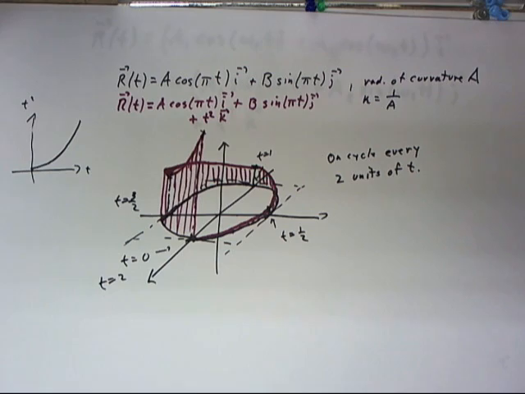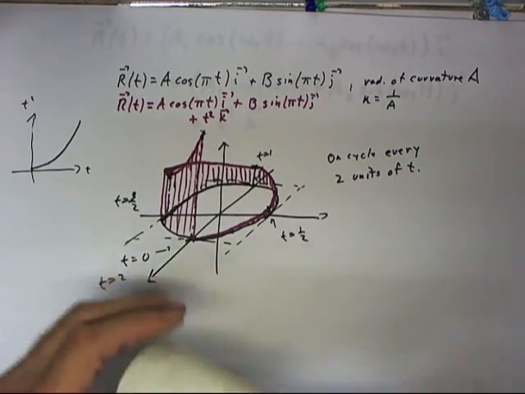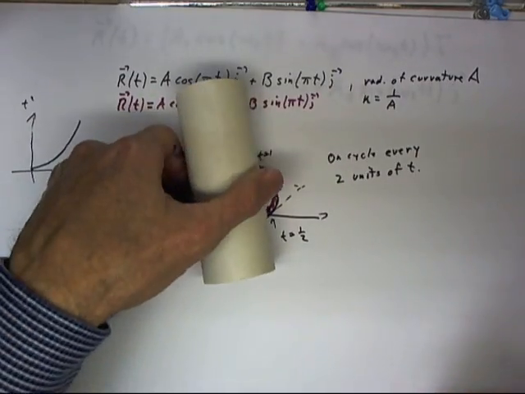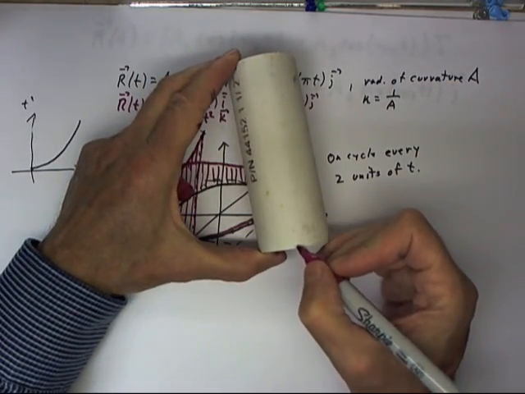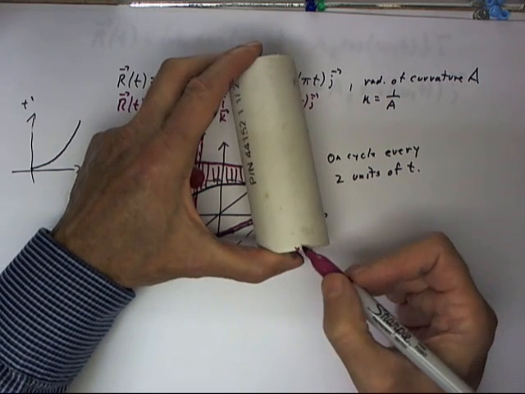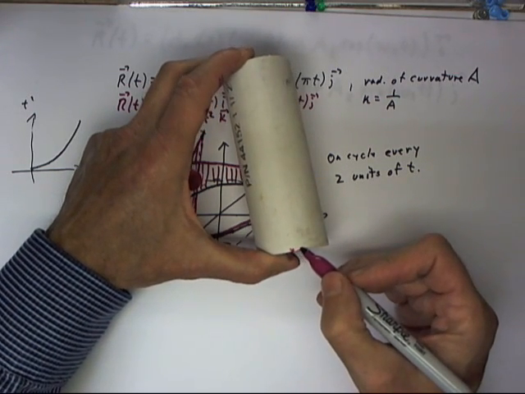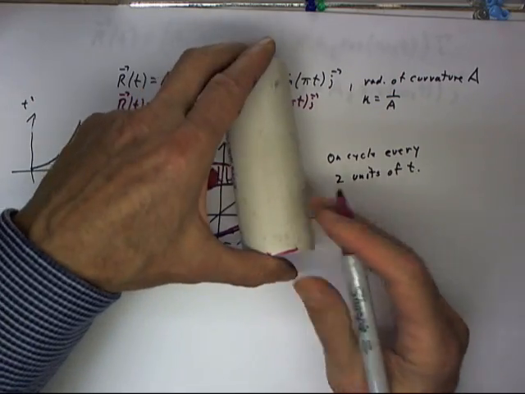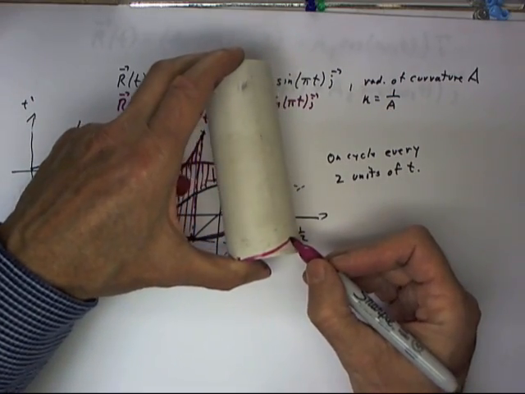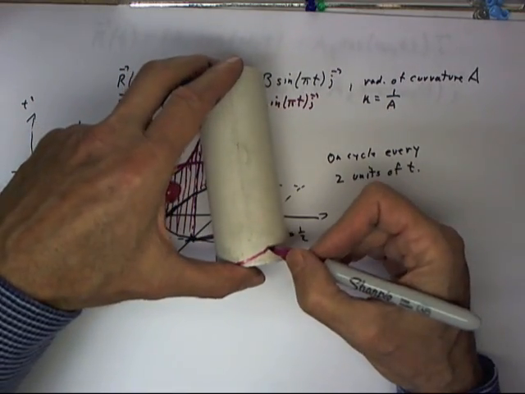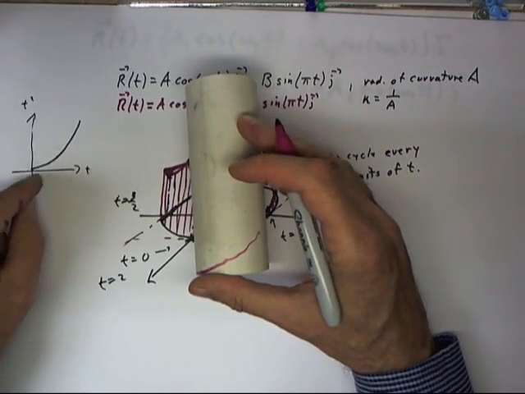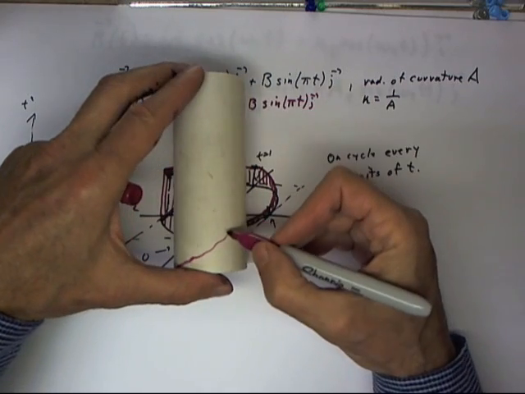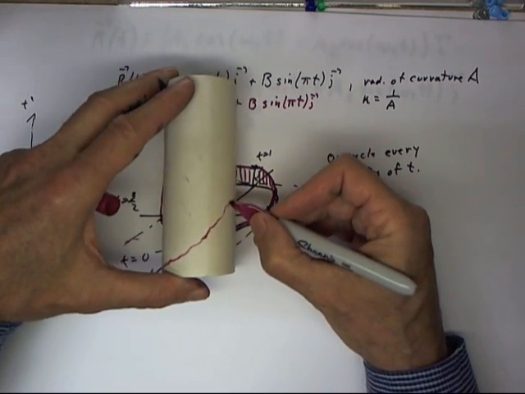Another way to visualize it is to take an actual cylinder. Now, a cylinder doesn't have quite the diameter of this one, but let's just say we start here, and this is going to correspond to our xy plane. Now, we're going to draw a curve here, and as we rotate this cylinder, we're going to come up faster and faster, wrapping this t squared graph around the cylinder.